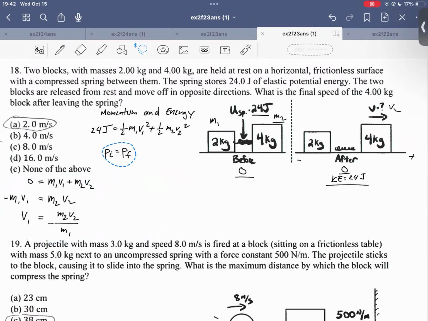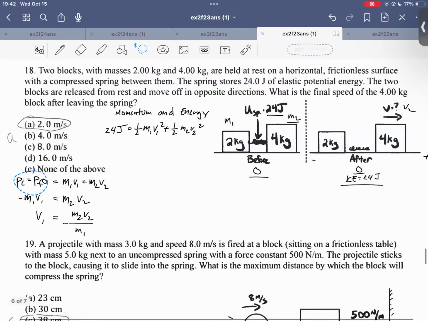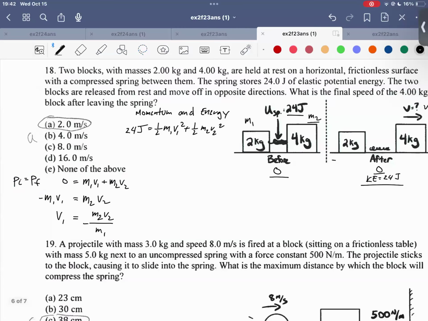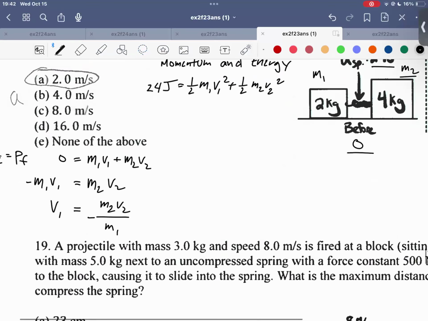So let's put this over here. So now we say this, and we're going to plug this in, right? And since we're squaring the velocity, we can just drop the sign, right?